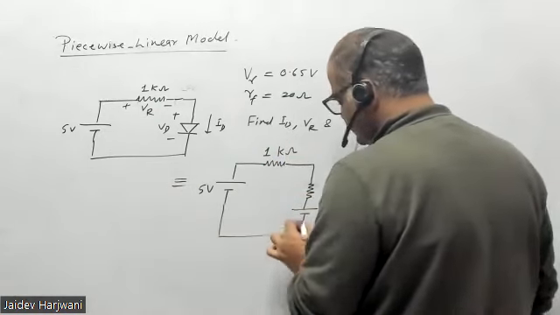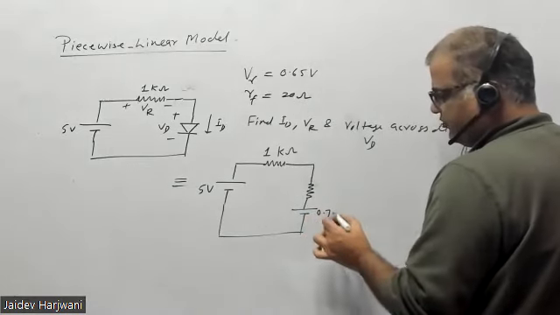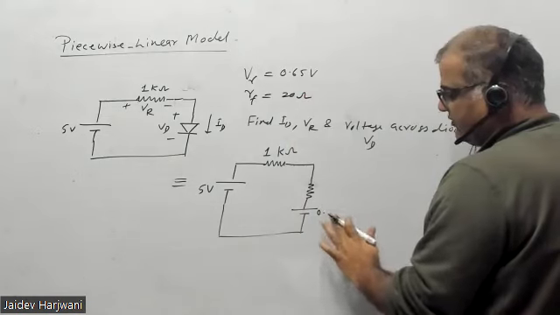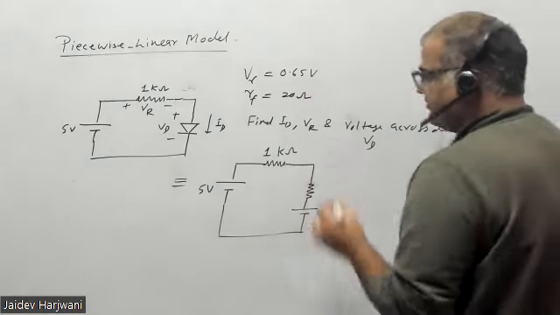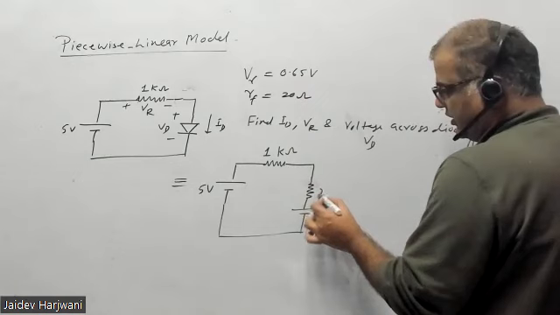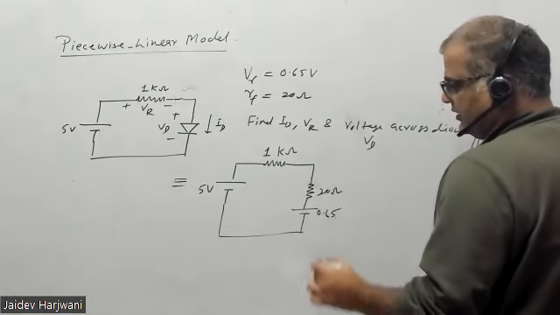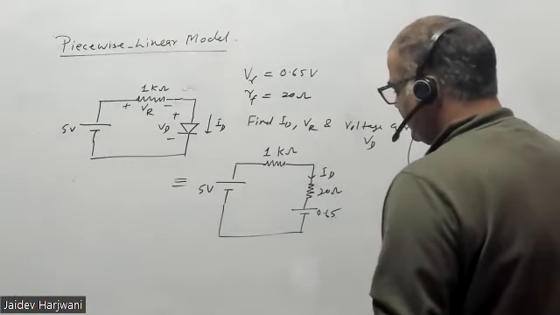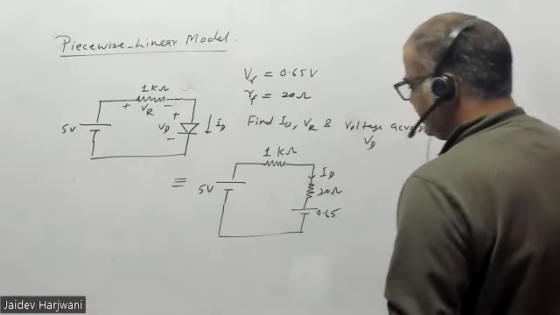So this will be 0.65 volt, because it is given. If it is silicon it is 0.7, but it is specifically given, and this is a 20 ohm resistance. And ID is flowing through the diode. So I can find now what is ID.